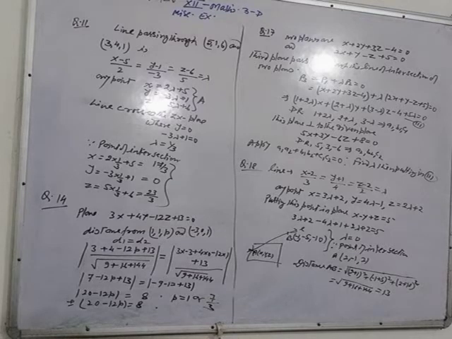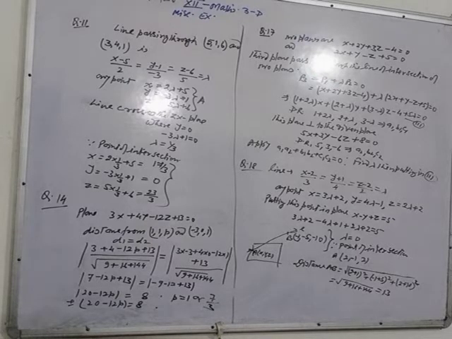So find the distance of this plane from the two given points, (1, p) and (minus 3, 0, 1). Apply the formula. What is the distance formula? (ax1 plus by1 plus cz1 plus d) upon root of (a square plus b square plus c square).